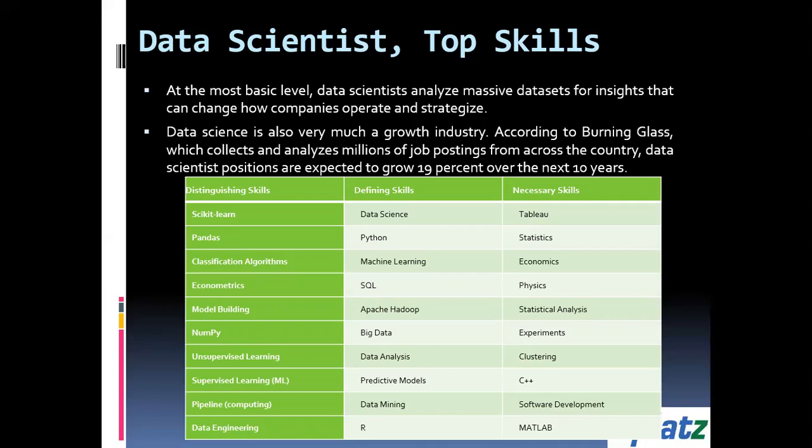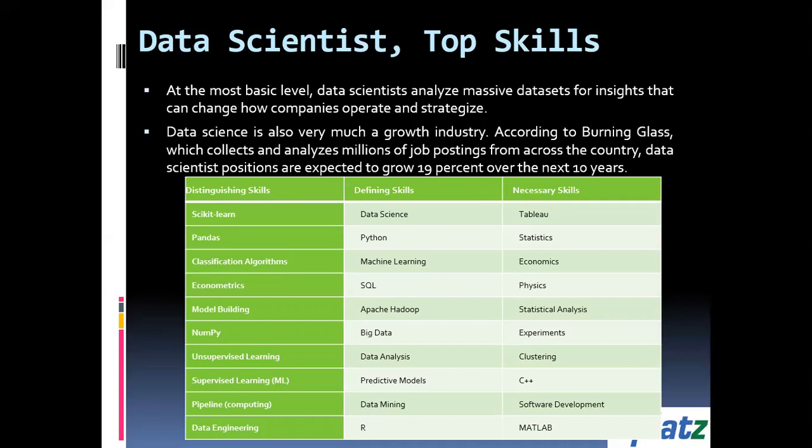Okay, so let's see what are the top skills for the data scientist. So you need to have scikit-learn knowledge, so it's very useful in data science. Okay, you need to have pandas. Okay, then you need to have big knowledge on classification algorithms. Okay, then you need to learn a lot of things about model building, NumPy, then unsupervised learning, supervised learning, okay, pipelining.